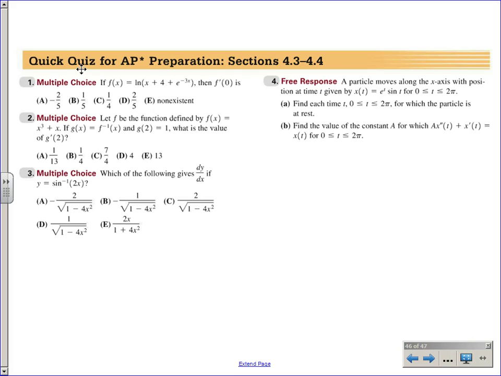Pi over 2 and 3 pi over 2? Oh, it's where a equals 0, not where t equals 0.